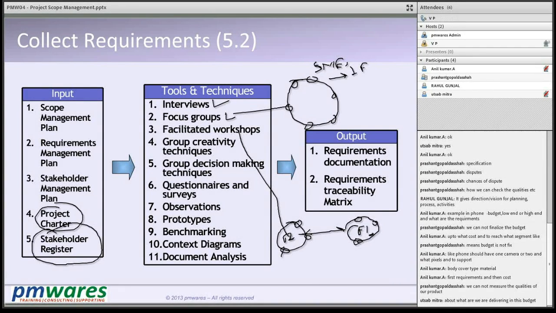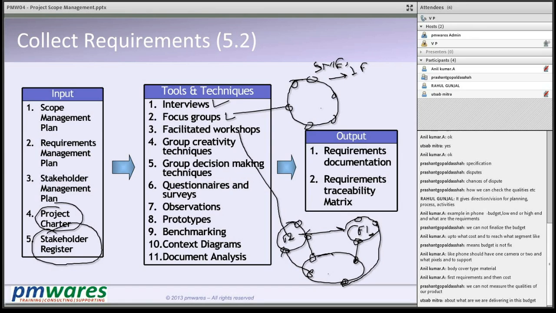It is important that you call a facilitated workshop, calling some people from this group, calling some people from that group, and have a discussion to come out with the cross-functional requirements. Okay, so the idea is focus group is to get clarity on the requirements of one function, and facilitated workshop is for cross-functional requirements. Okay, all these activities happen through group activity techniques like brainstorming, etc.